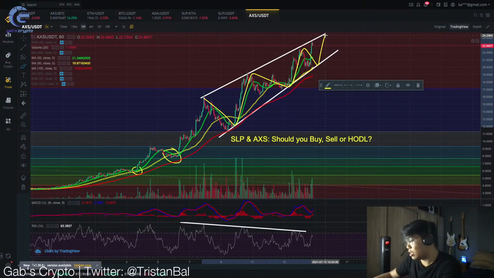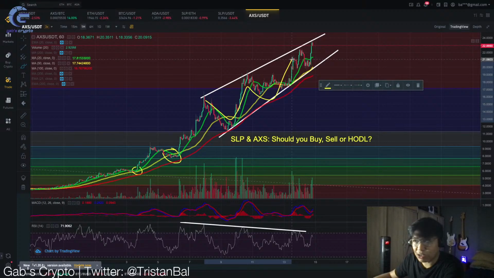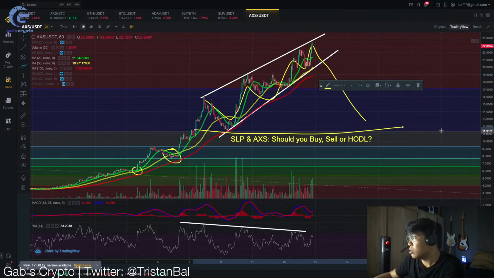Pero ang problem nga dito, ang rising wedge is traditionally a bearish pattern. So if this breaks down, this would more likely go down. So meaning more likely na bababa siya up to this level, which is yung 11.3 US dollar na Fibonacci level and the bottom of the wedge.